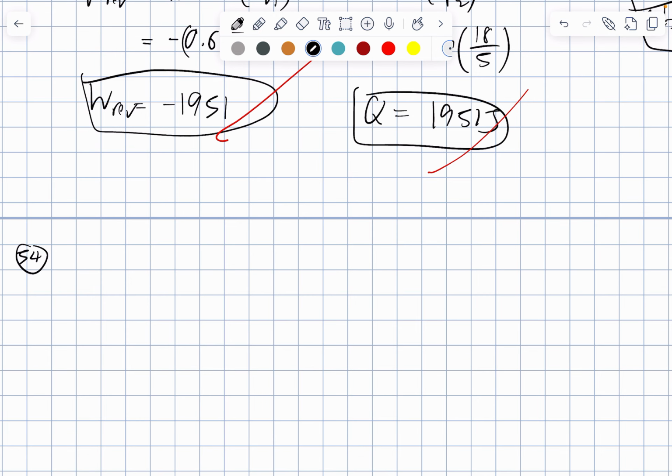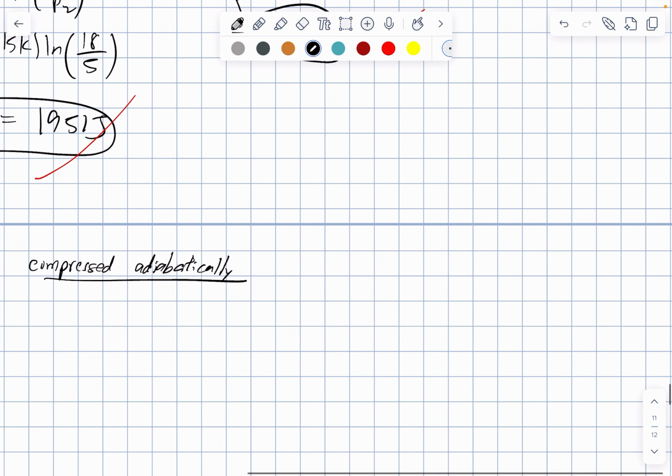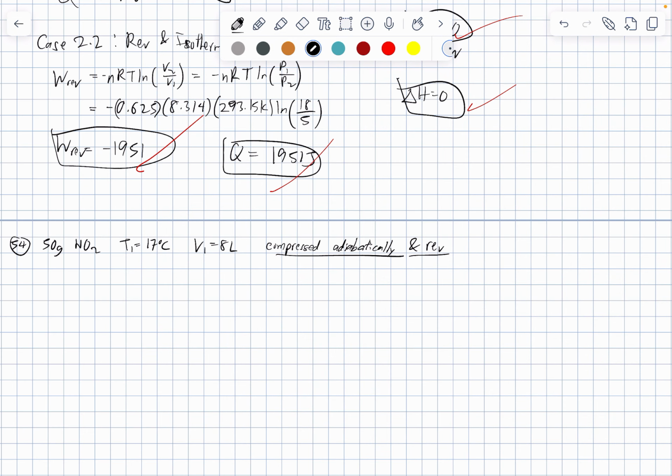54. 50 grams of NO2 initially at 17 degrees Celsius and 8 liters are compressed adiabatically. Okay, and reversibly, resulting in an increase in its temperature to 500 degrees Celsius.